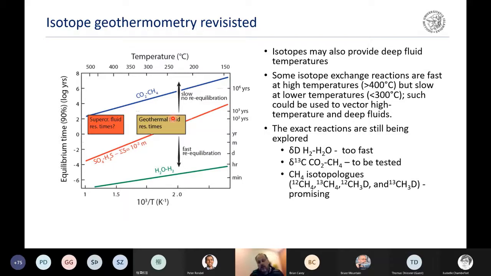And the one that we are maybe focusing on today is called methane isotopologues, or methane isotopes. It's actually measuring the relative distribution of all the masses of methane isotopologues that are of importance.